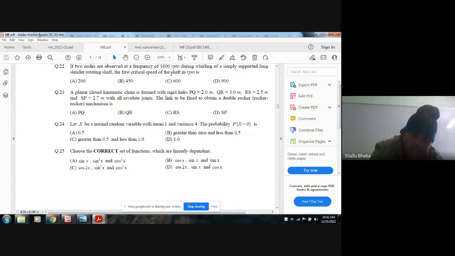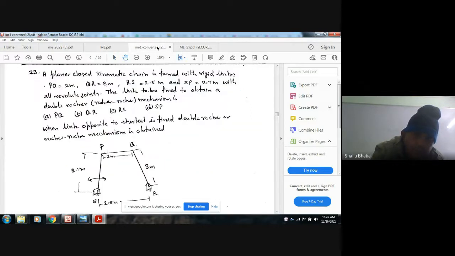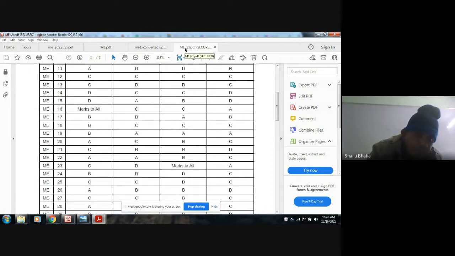The shortest link is PQ, this 2 meter, and opposite to the shortest is SR, which is 2.5 meter. So the answer is RS or SR, option C. Question number 23, C. Okay, next.